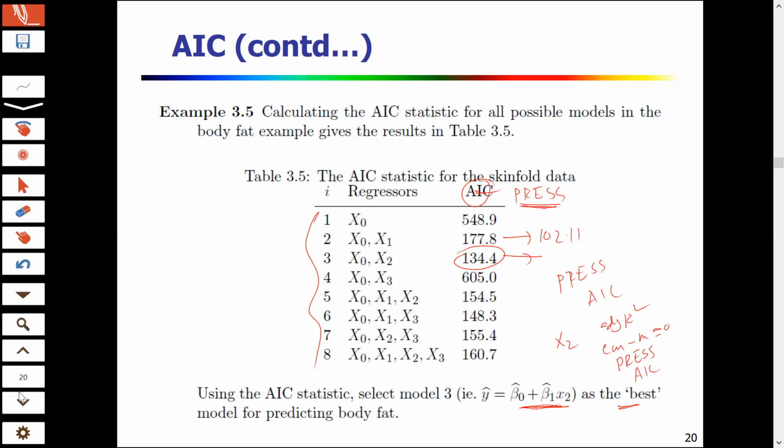In part 1 we have discussed how we can select the best model based on adjusted R square, MSE, press, CM minus AM, and AIC. And in this particular modified example, we select model 2 as the best model in respect of all of these criteria.